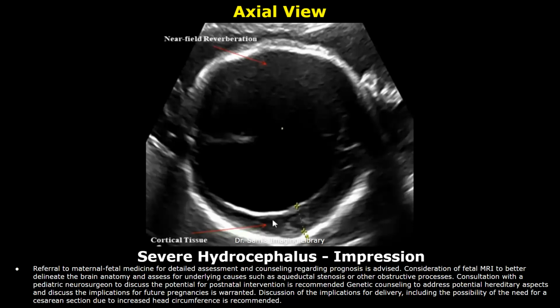Consultation with a pediatric neurosurgeon to discuss the potential for postnatal intervention is recommended. Genetic counseling to address potential hereditary aspects and discuss the implications for future pregnancies is warranted. Discussion of the implications for delivery, including the possibility of the need for a cesarean section due to increased head circumference, is recommended.